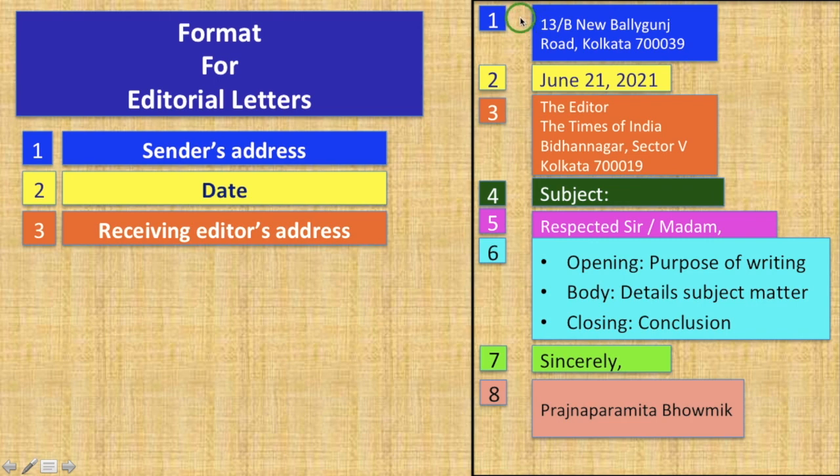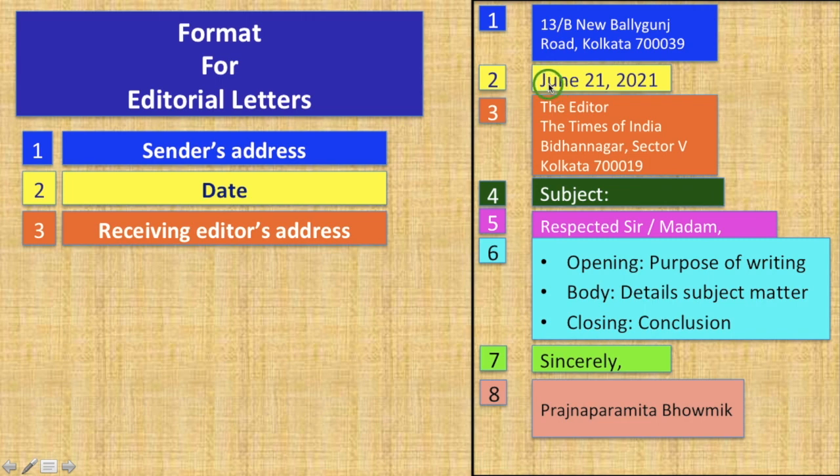Just at the top of your left hand side you have to mention the sender's address, that is your address, the address of the person who is writing the letter. After that, you have to mention the date.